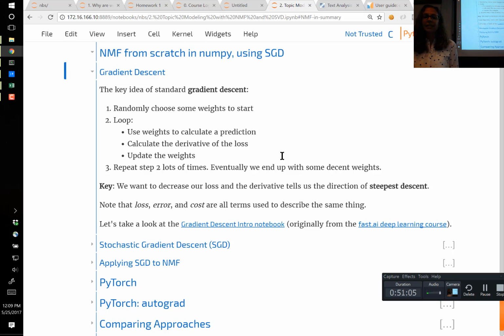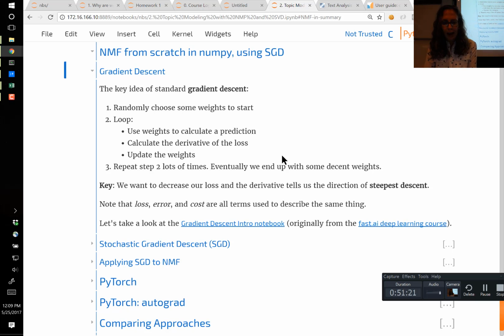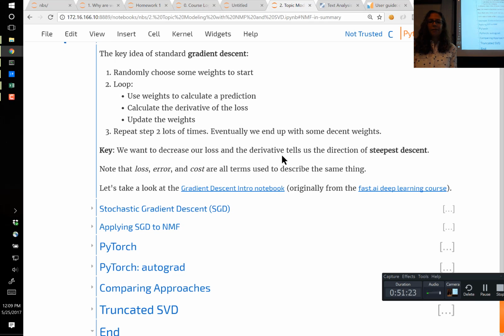And then you update the weights. You keep going through this loop, and you get better and better weights. The key here is that we're trying to decrease our loss, and the derivative is giving us the direction of steepest descent for our loss.